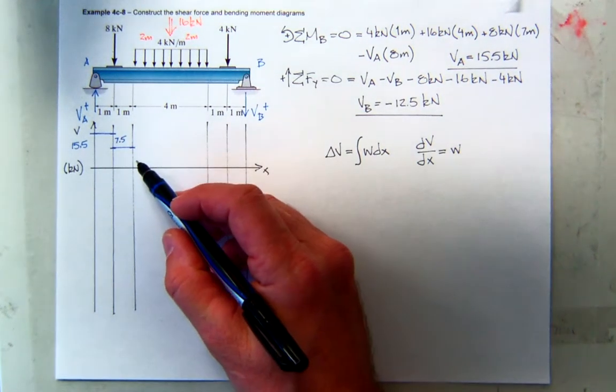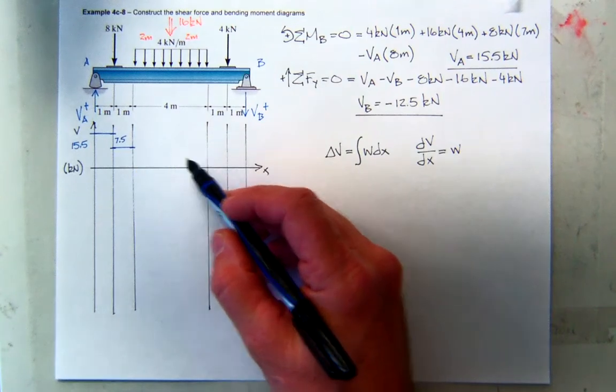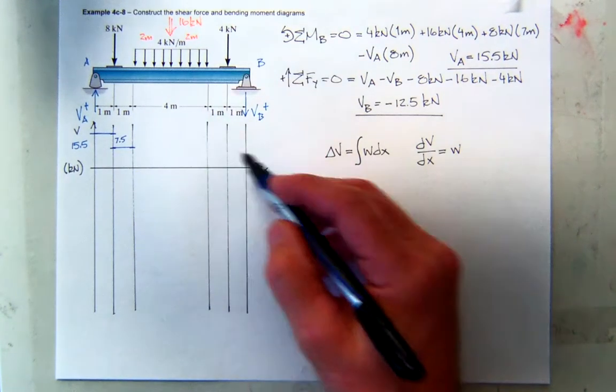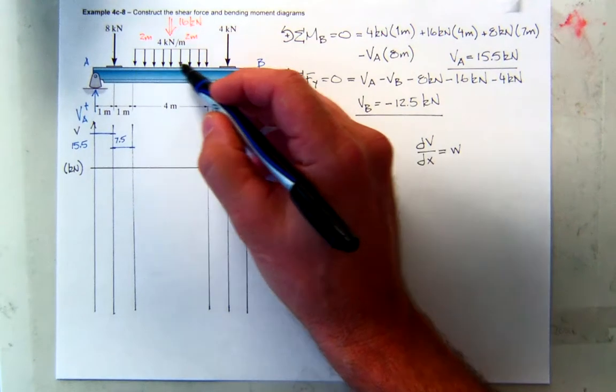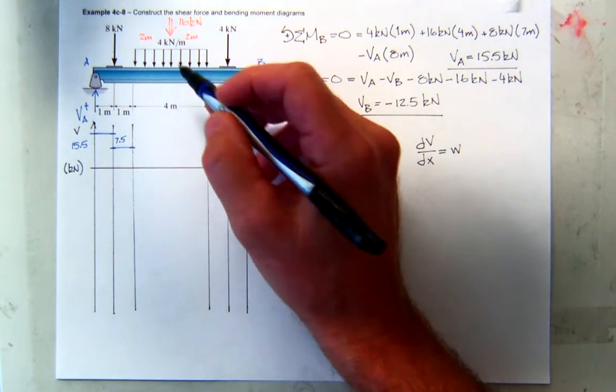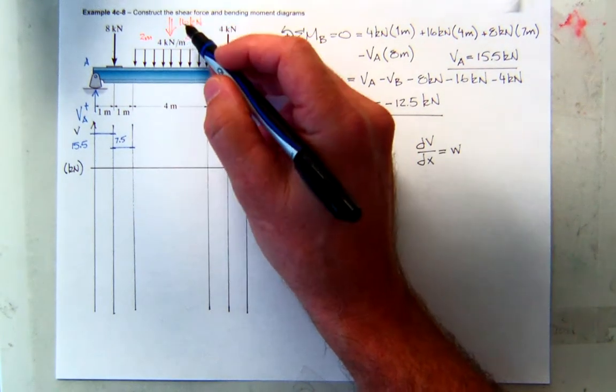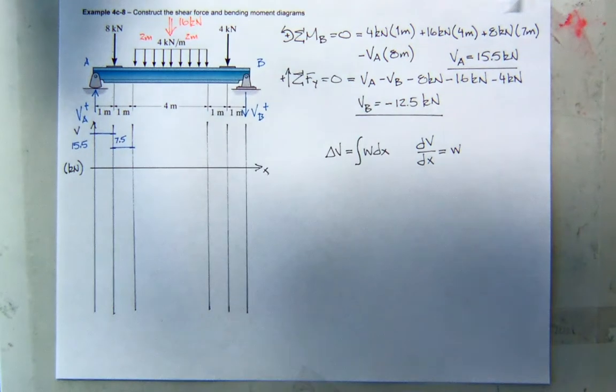So what's the change in shear over this next 4 meter segment? Well, according to this, it's the area under the curve. And what's the area under this part of the curve? A rectangle, base times height. We already calculated it's 16. Is that a positive change or a negative change? Negative. So what's 7.5 minus 16?